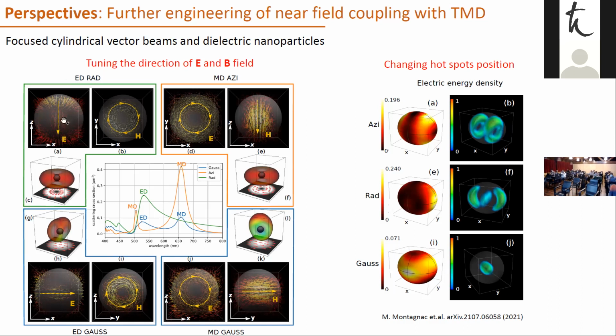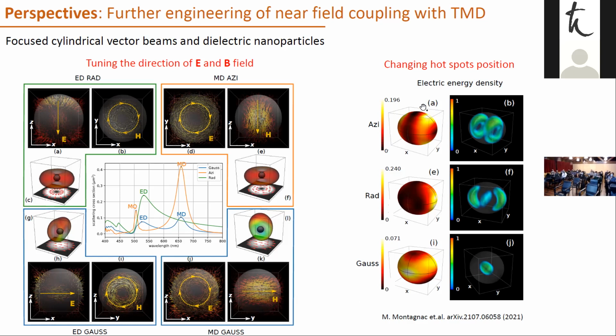But with the radial beam, as the electric field is oscillating like this, you have the electric field oscillating along your beam direction, and the magnetic field is rotating this way. And the azimuthal is the opposite: the magnetic field is oscillating vertically, and the electric field around.